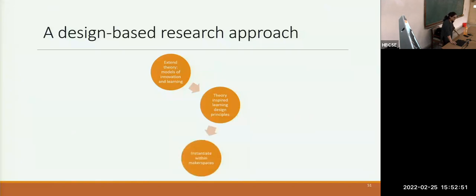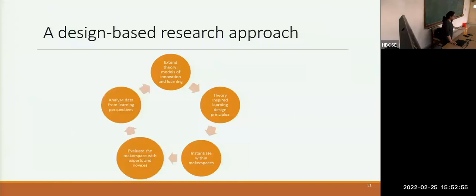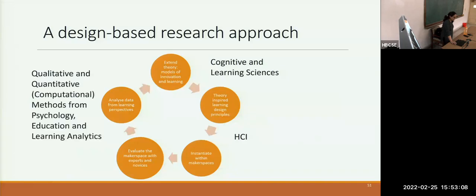We have design principles which we instantiate, we evaluate them, we analyze learning, and then we are able to contribute back to theory and come up with new design principles. Here we use cognitive and learning sciences, HCI, and a lot of the methods which I described right now.